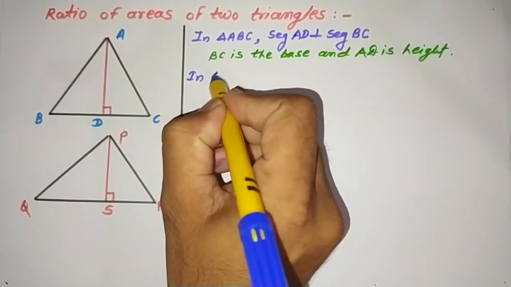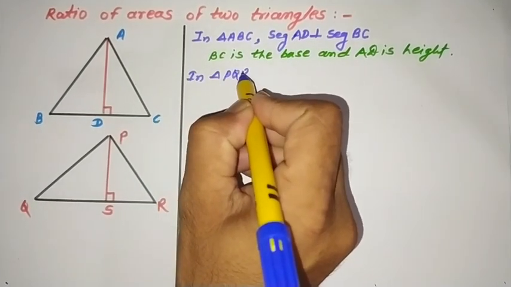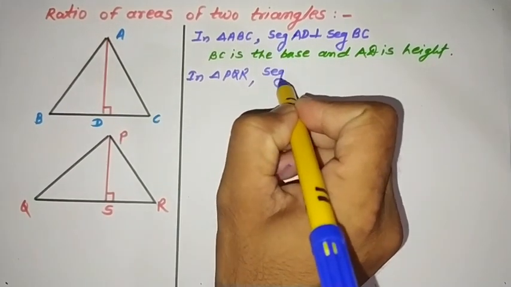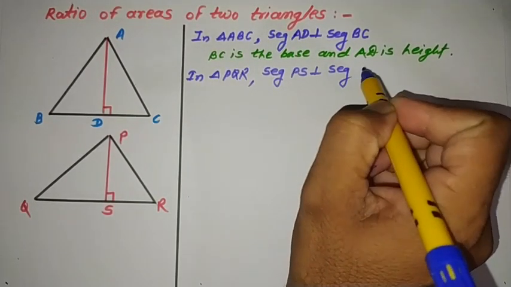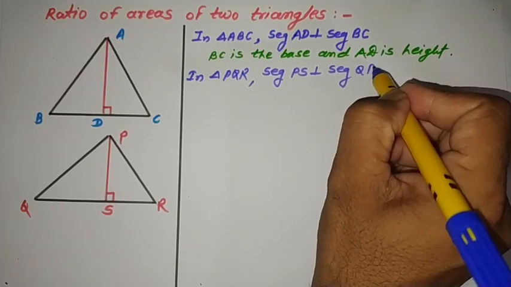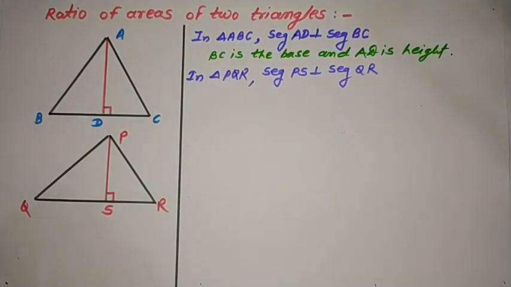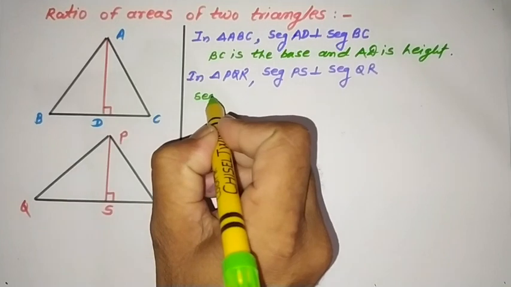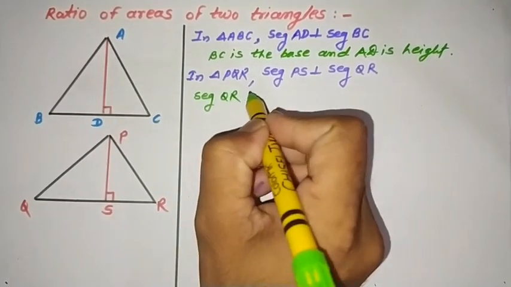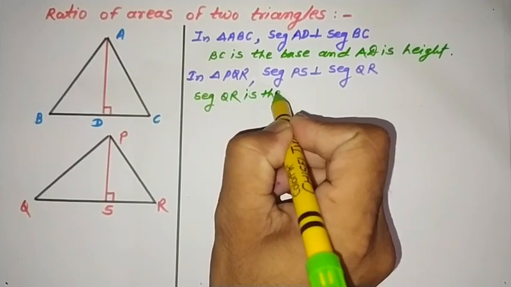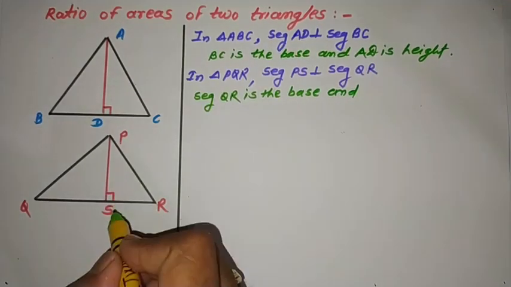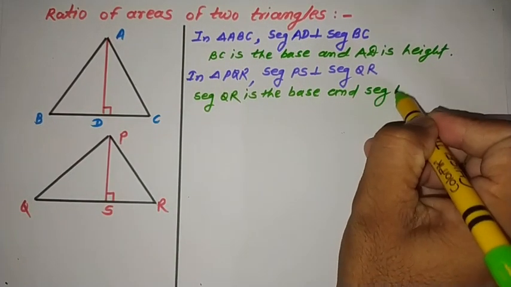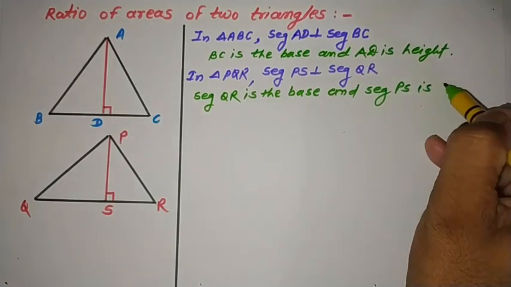In triangle PQR, segment QR is the base and segment PS is the height.